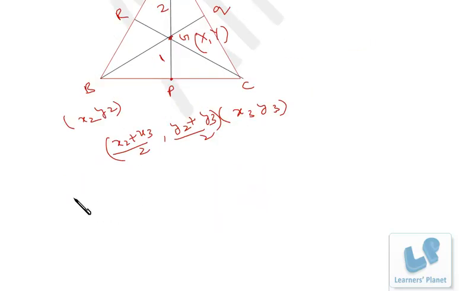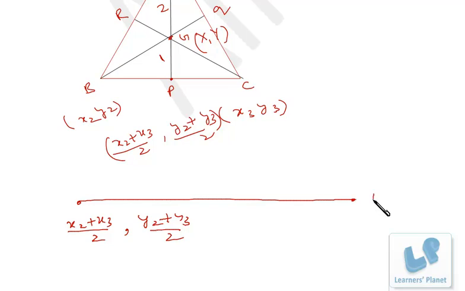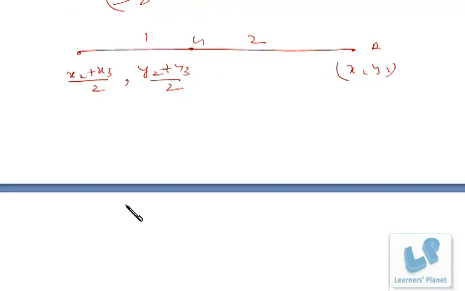So this point P is x2 plus x3 by 2 and y2 plus y3 by 2, and this point A is x1 and y1. We have to find out the coordinate of G that divides this line in the ratio 1:2, right? Now we can directly use section formula. What was the section formula?